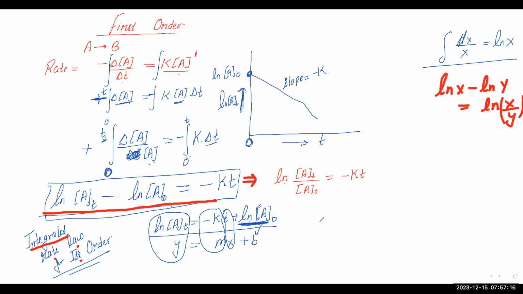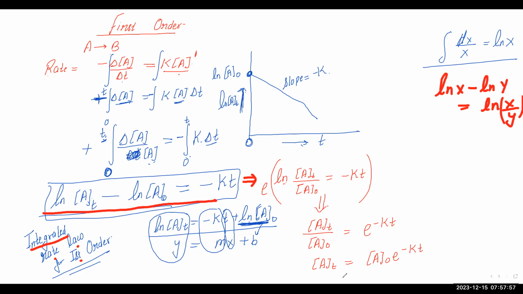You know, children, now you can take inverse of this ln. You can take exponential. Inverse of ln is exponential. E to the power ln is 1. So when I take the exponential of the whole equation, I'm getting this equation: At equals A naught e raised to power minus kt.